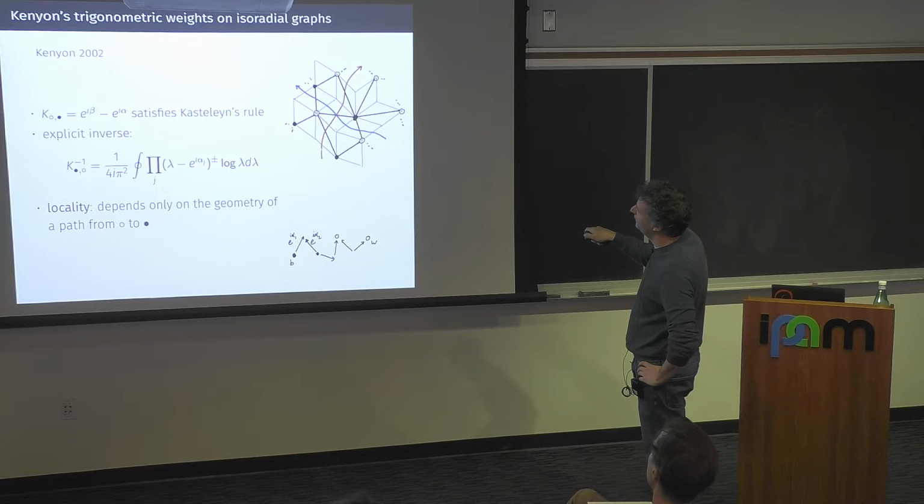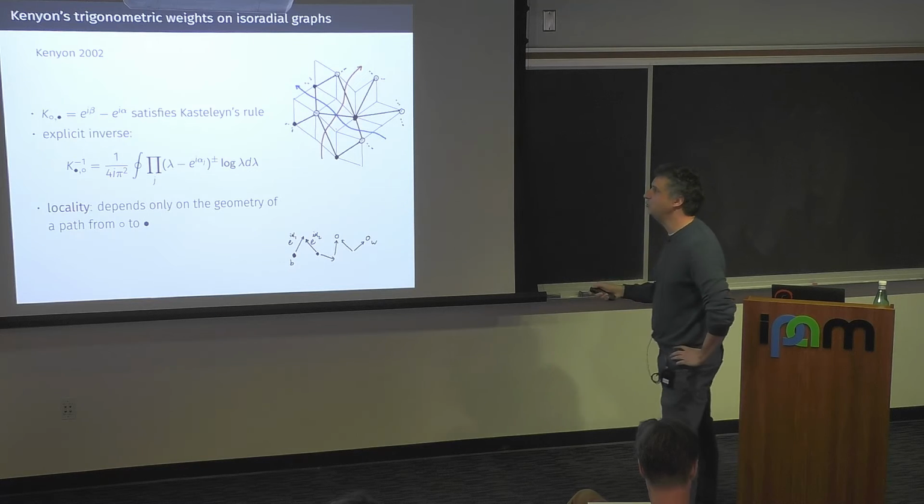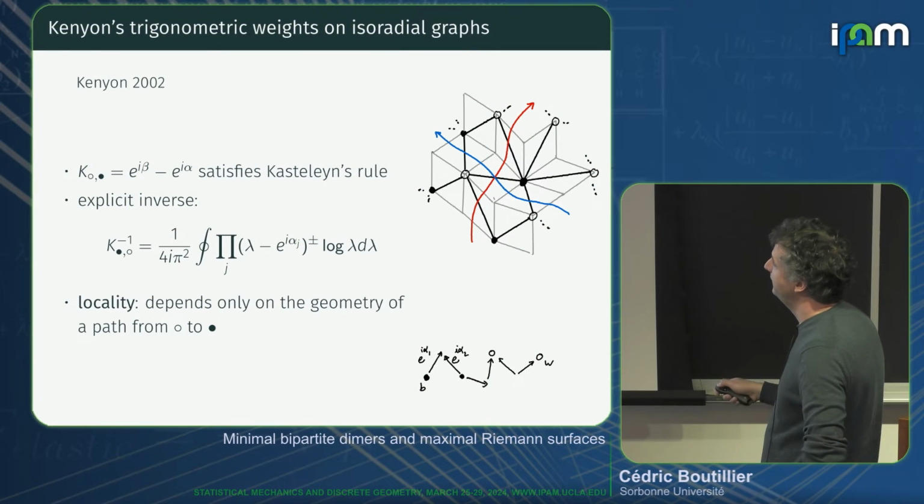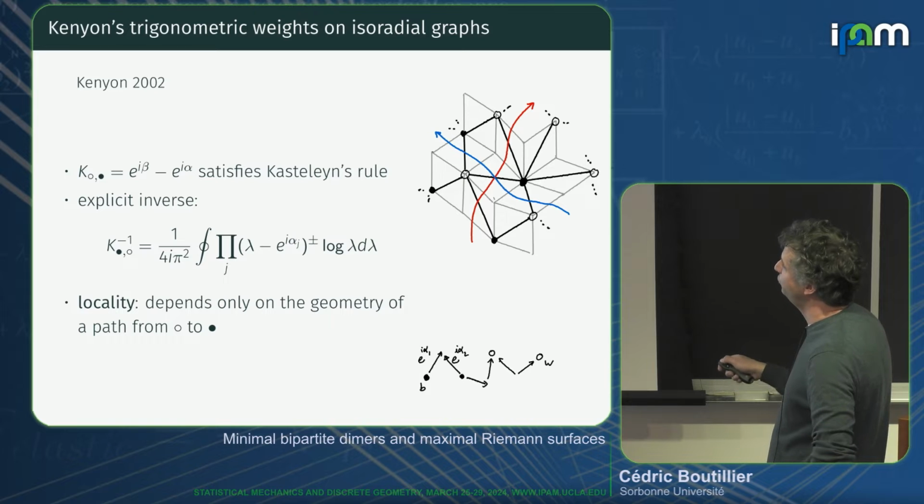So all the rhombi crossing the red strand here have this direction in common. So what I will do is I assign a parameter to every train track, which is just the unit vector which encodes this direction.